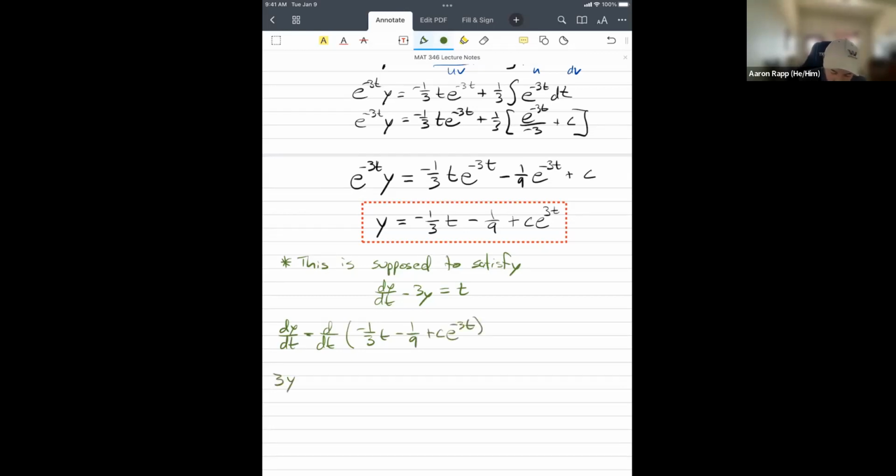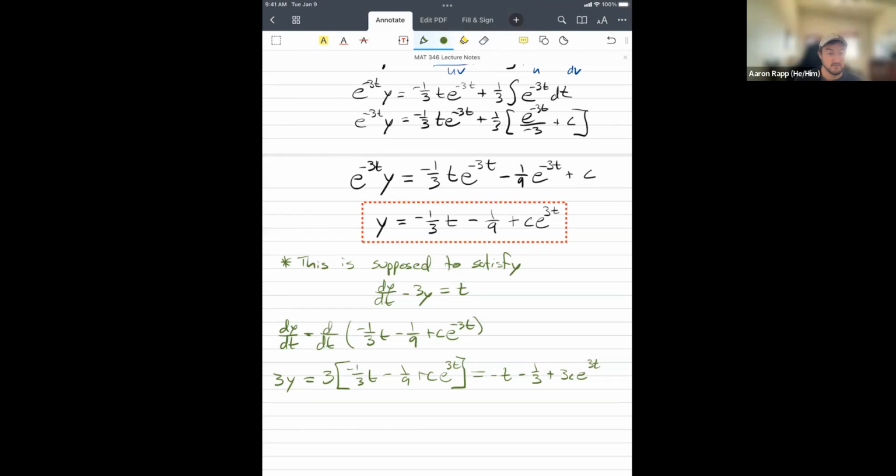Figure out what 3 times my solution is, just 3 times -1/3 t minus 1/9 plus c times e to the 3t, which becomes -t minus 1/3 plus 3 times c e to the 3t. I don't know why I put a negative there.